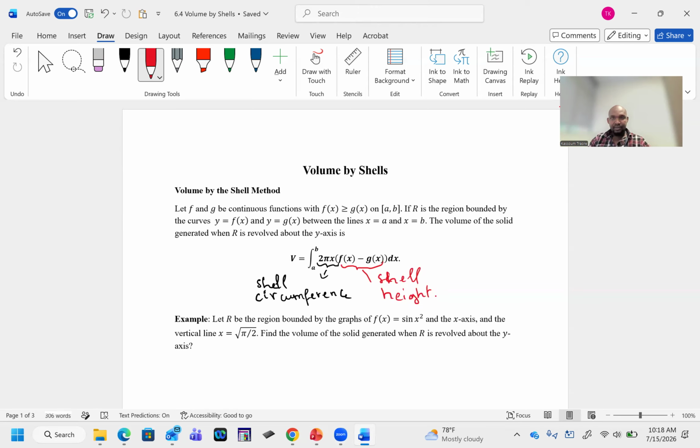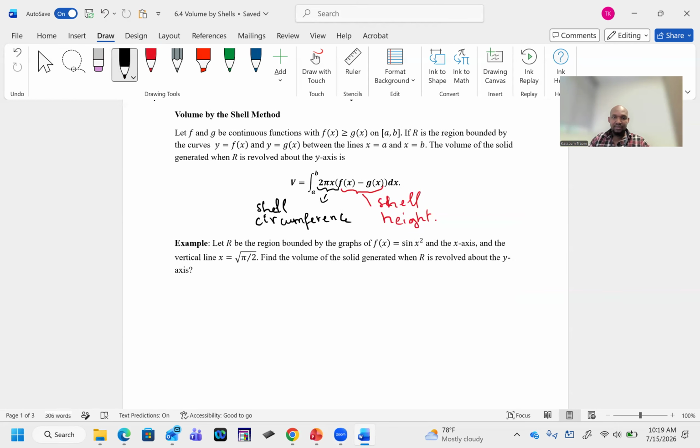So again, all the time, try to have a graph if possible. So let me try to make the graph of sine x squared, it would be something like this.